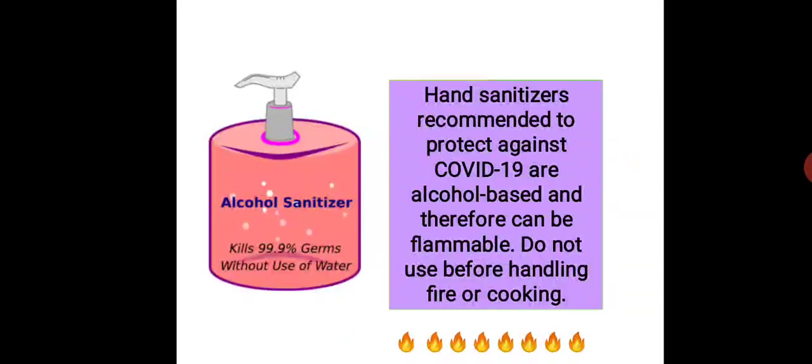Before that, we all know we are using sanitizers whenever we go outside to kill the germs in our hands. This alcohol based sanitizer is very effective in killing germs.